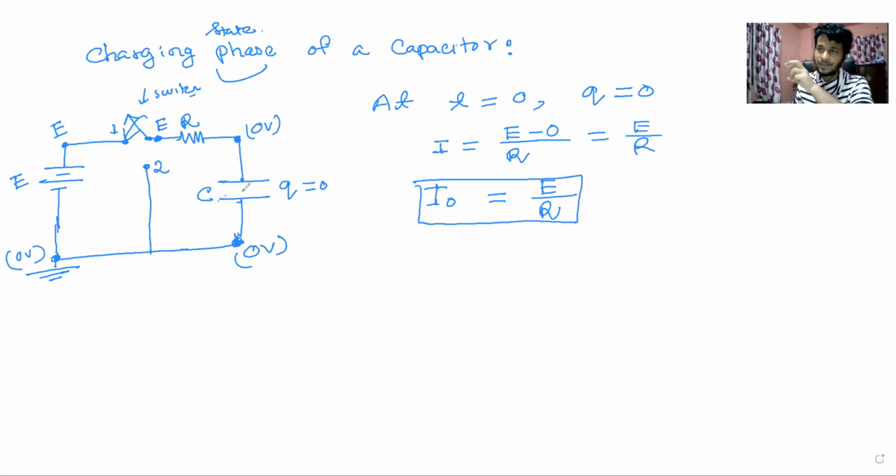So a conductor normally has negative charge and positive charge in equal proportion. Suppose we talk about aluminium metal, then aluminium has equal proportion of electrons and protons, isn't it? That's why initially a metal is neutral. It has no charge.